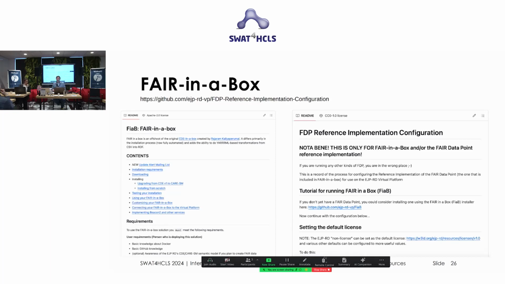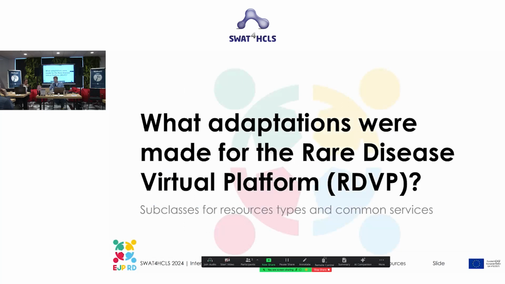So if you want to play around before the tutorial or the hackathon, then please feel free to explore this. And then there's also an example of how you go through a configuration of the reference implementation to be more in line with the FAIR in a box and the EJP RD stuff.